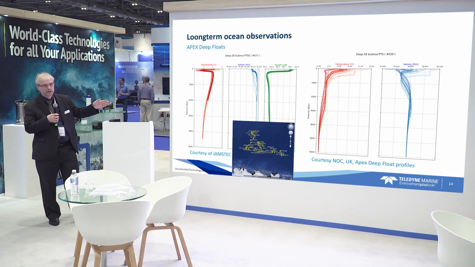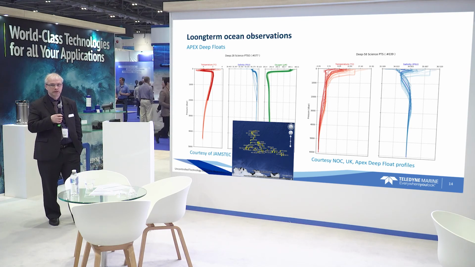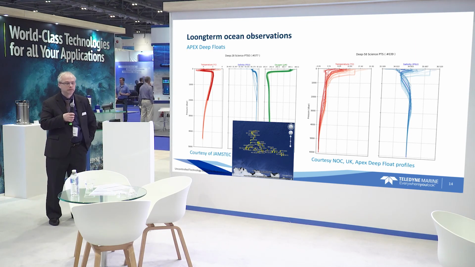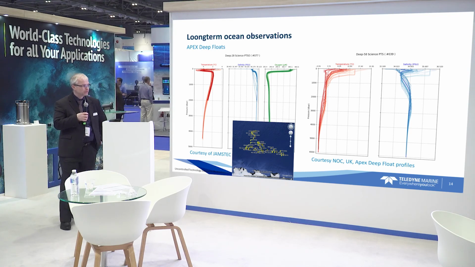On the left-hand side, we see an application that was a sampling north of the Antarctic, where JAMSTEC of Japan was doing some sampling with multiple APEX deep floats and creating a nice data set of profiles here. On the right-hand side, we have NOC from the UK doing the same thing in the Atlantic.